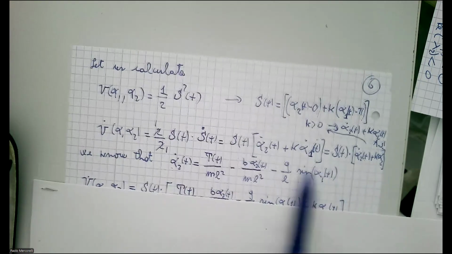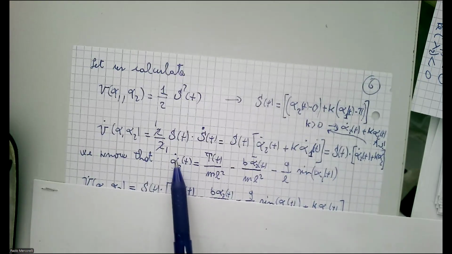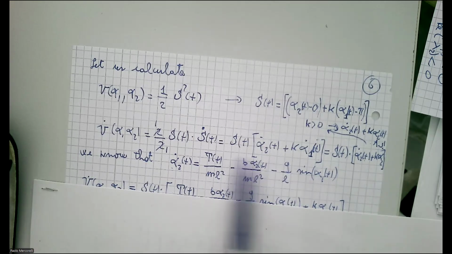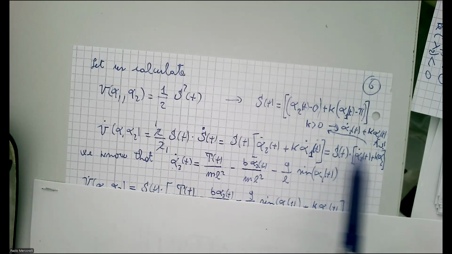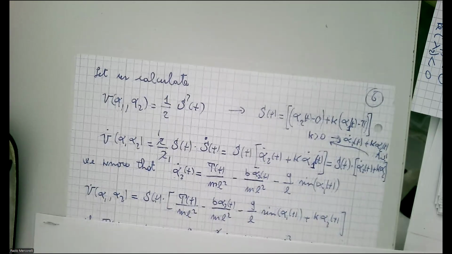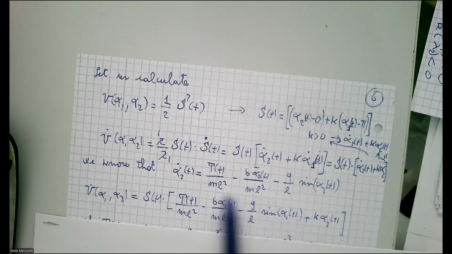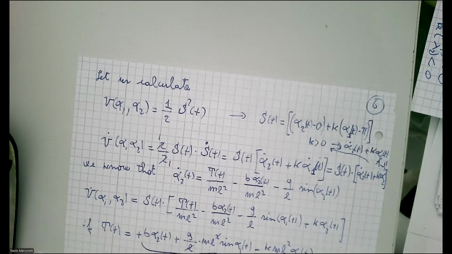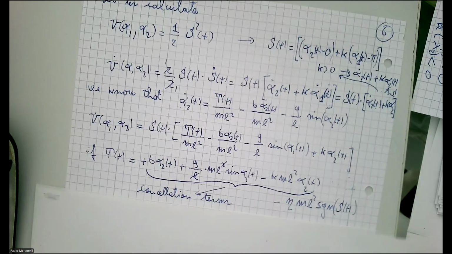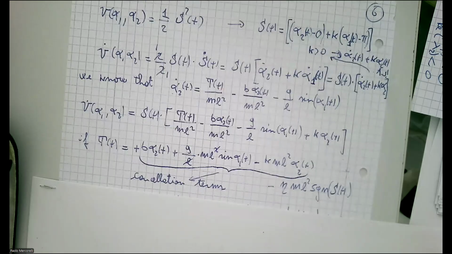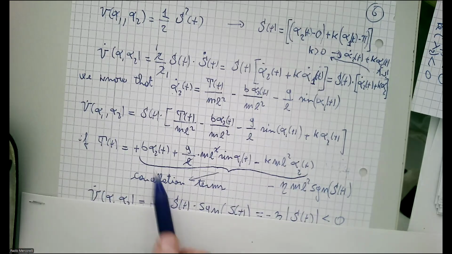Now we know that the derivative of alpha 2 is a part of the model. If you go back to the lecture, we can see that it is the second equation. I can plug in here, instead of alpha 2 dot, this long expression. I don't know if you remember, it is always the same technique, though not the unique one. We have a cancellation of the terms.